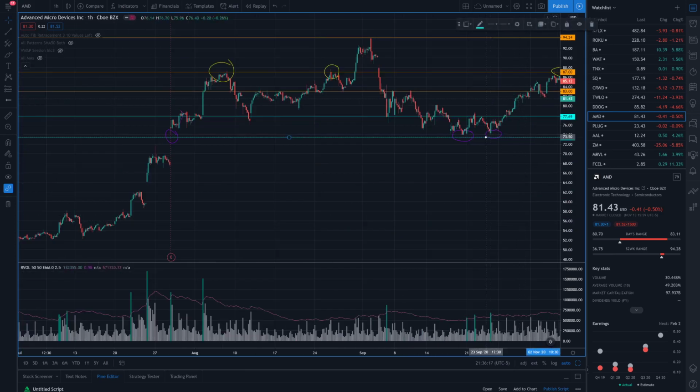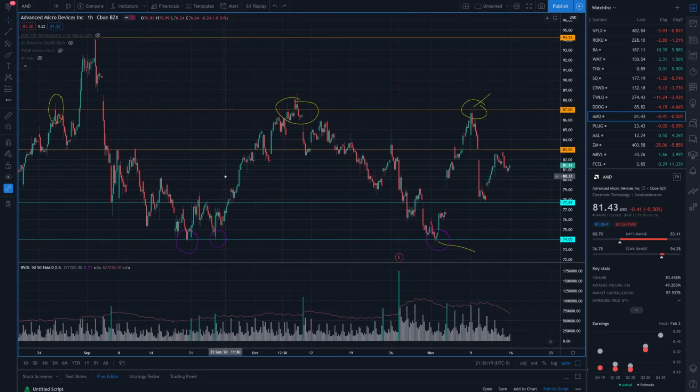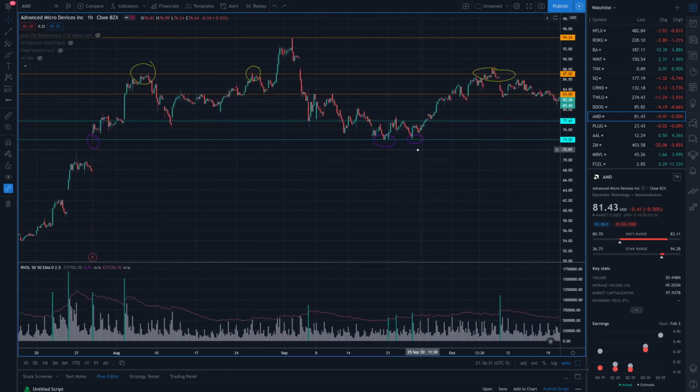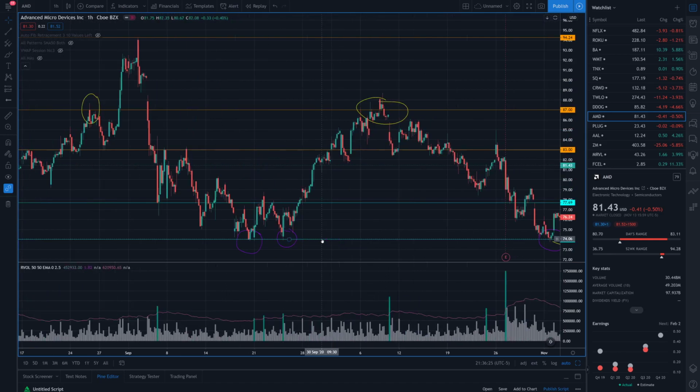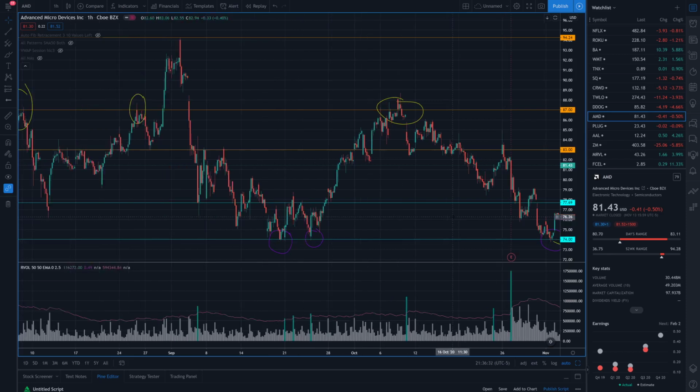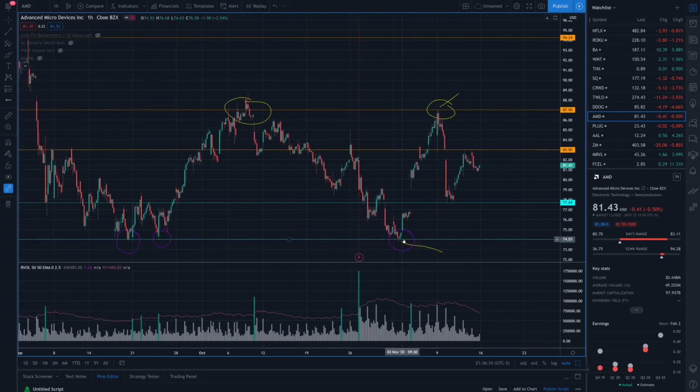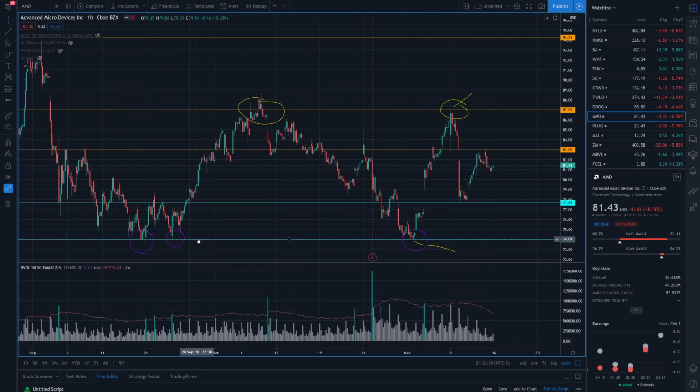And if it ever did, it was only for a very brief moment. That shows you that institutional traders see 74 as an ideal buy moment because it doesn't fall below there. And I feel like if it were to fall below there, then it would fall very harshly because then it no longer has support.